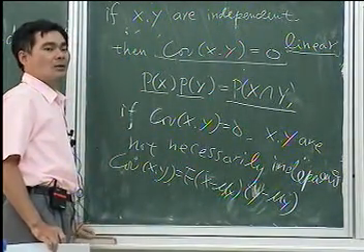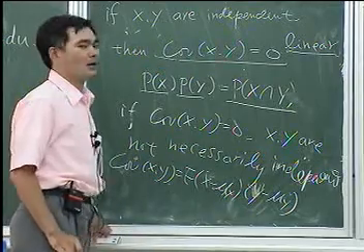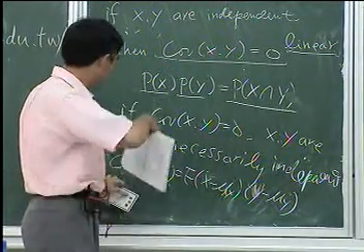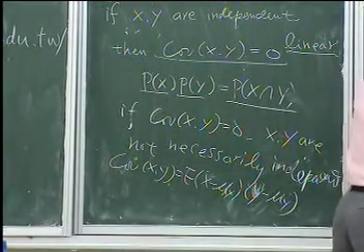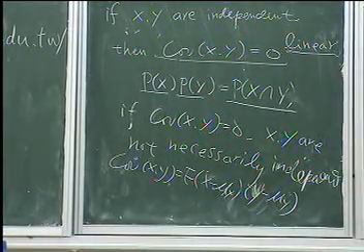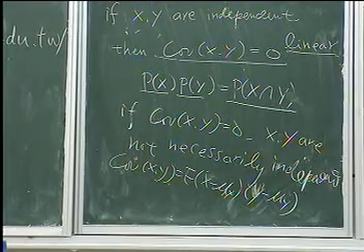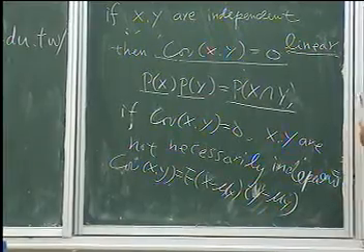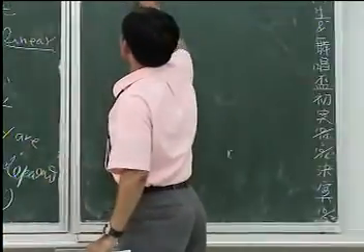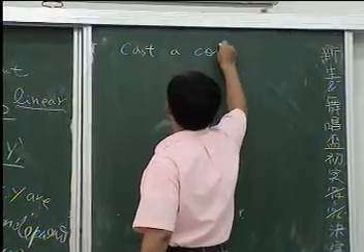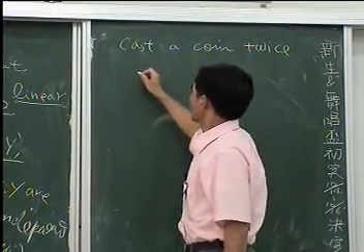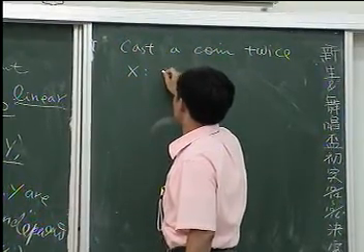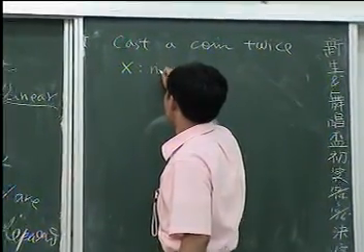Now let's get to a numerical example about two random variables. Okay, let me erase this. So again, cast a coin twice. X is equal to the number of heads.